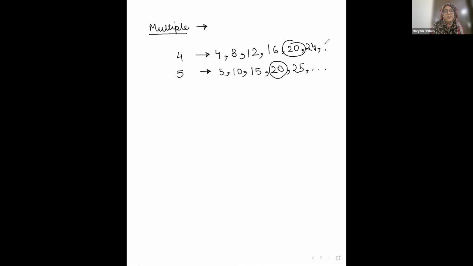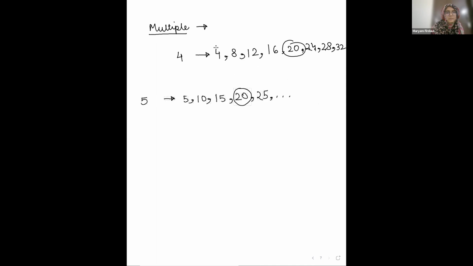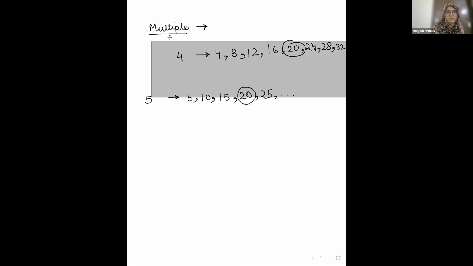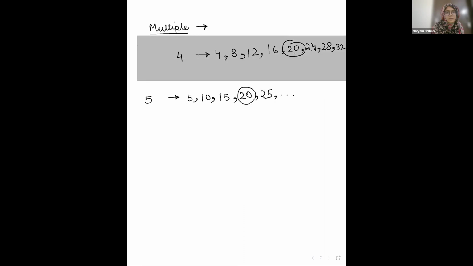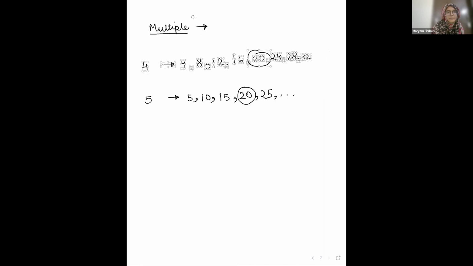Let's say if we were to move on further, then you would get 24, 28, 32, and that's multiples of 4. 4 nines are 36, 4 tens are 40.